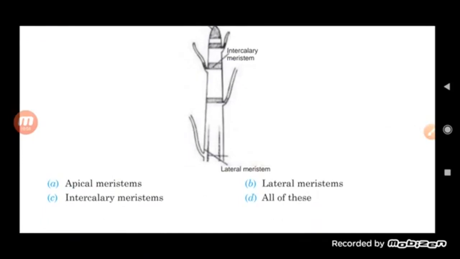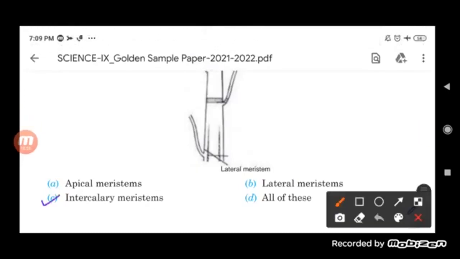The meristematic tissue present at the node and internode: apical meristem, lateral meristem, intercalary meristem. According to that, option C is the correct option, that yes, the intercalary meristem is basically responsible for elongation of the node and the internode. So option C is the correct option.